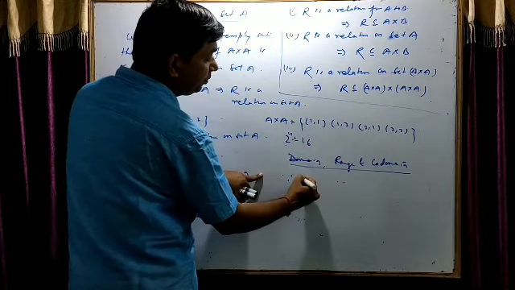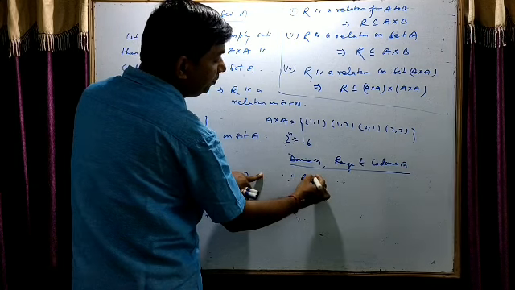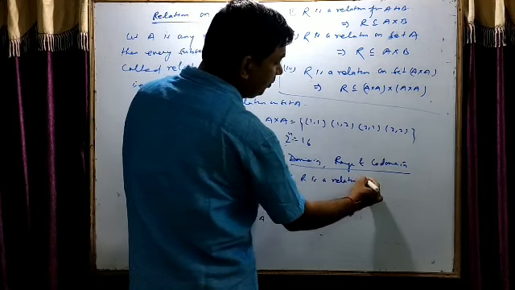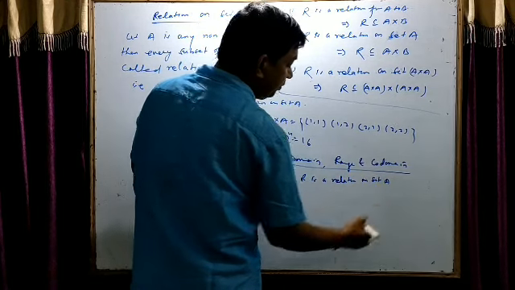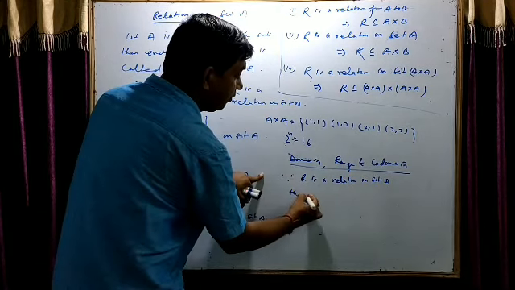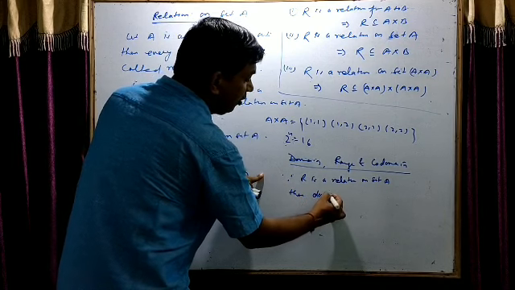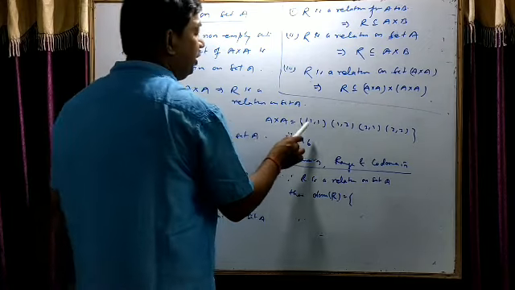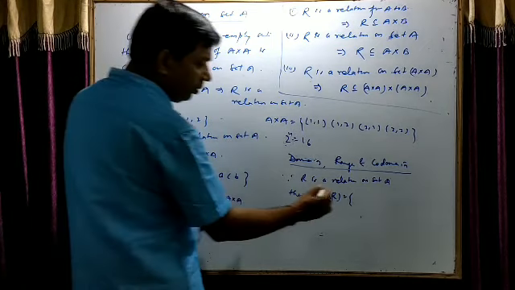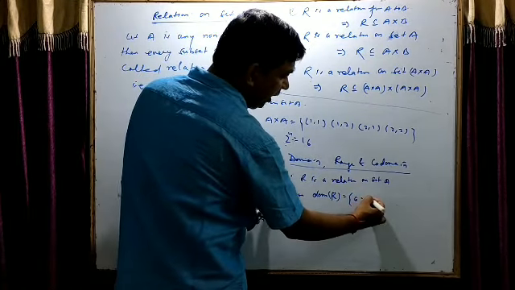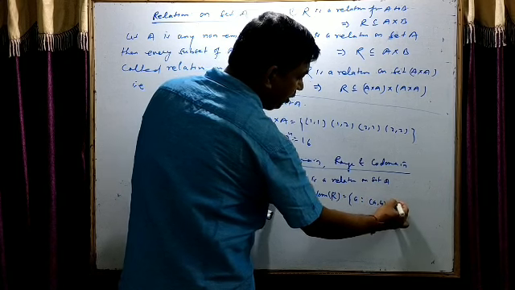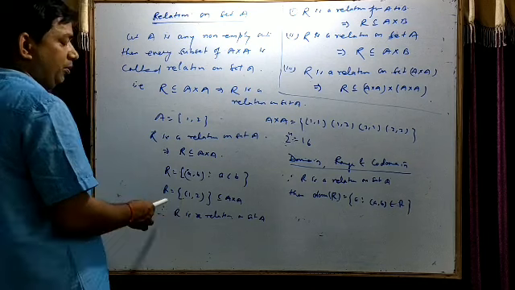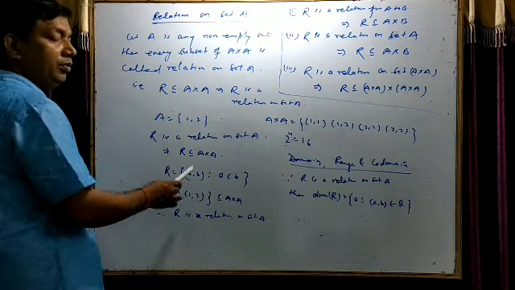Since R is a relation on set A, the domain of R is equal to the collection of first elements of ordered pairs, like {a such that (a, b) belongs to R}. This is your domain. So if I ask what is the domain of this R, it is only 1.